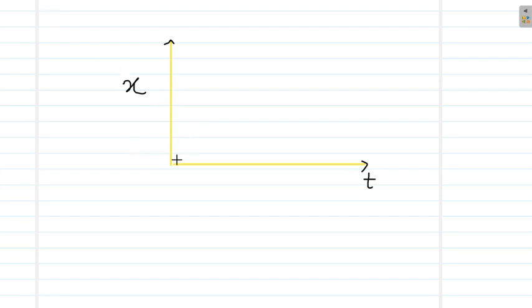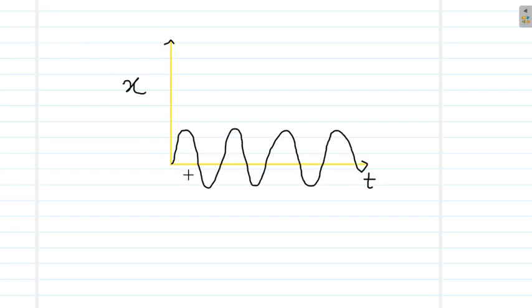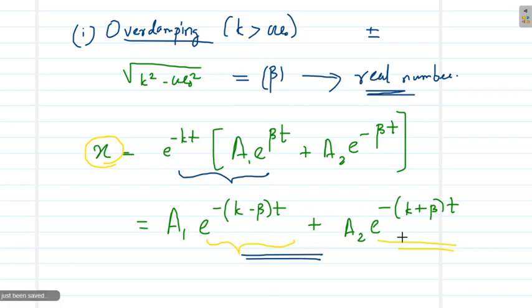If it is a simple harmonic oscillator, we already know it should go like a sine wave or a cos wave, repeating its position at a constant interval of time. We call that the time period and so on. But if the system is overdamped, then its position will exponentially decay. There is no oscillatory behavior for the system. Do you see any sine function or cos function or e raised to ix function here?